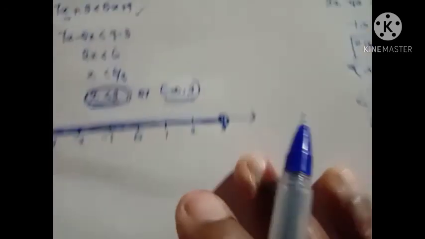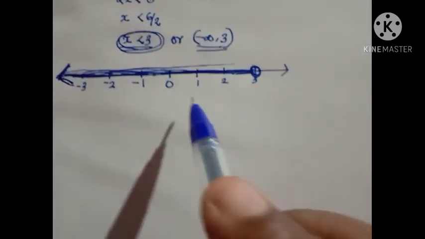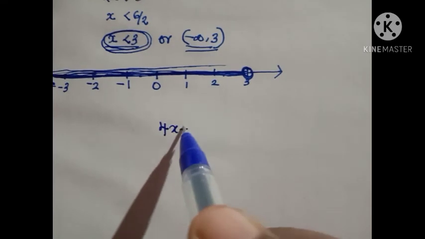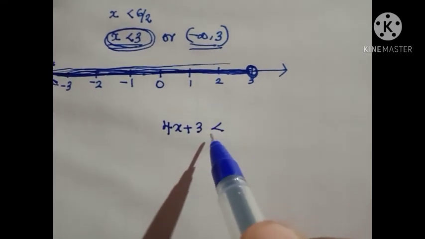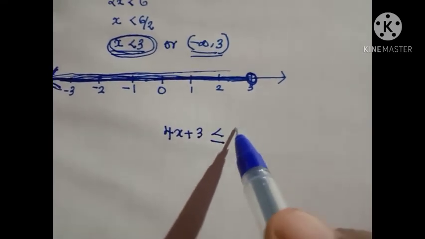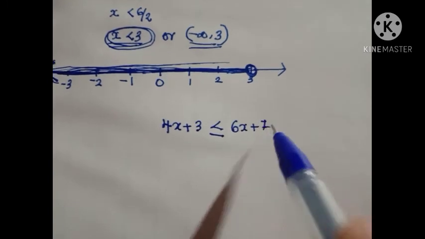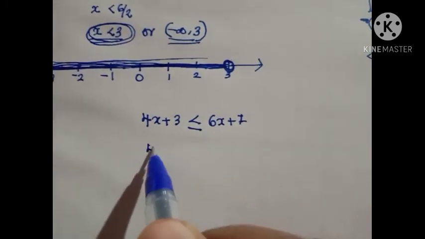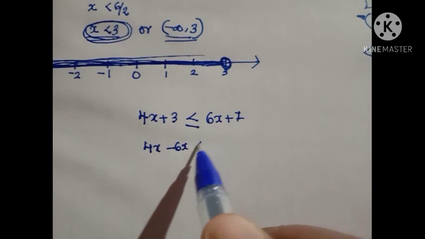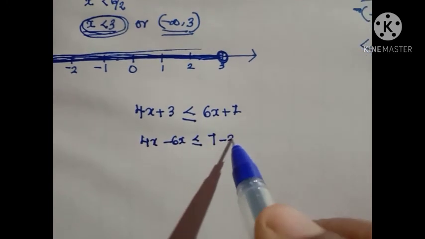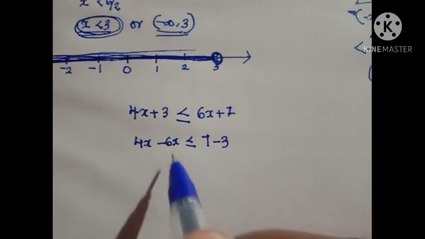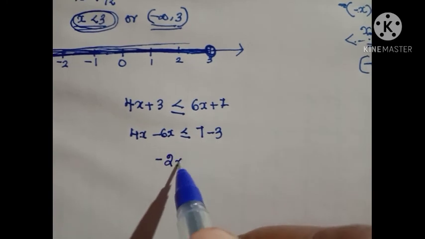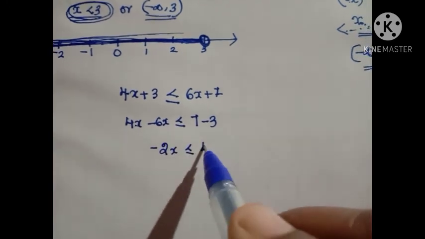Suppose we have another question. Listen. 4x plus 3 is less than or equal to 6x plus 7. Now solve: 4x minus 6x is less than or equal to 7 minus 3. 4x minus 6x is minus 2x, which is less than or equal to 4.